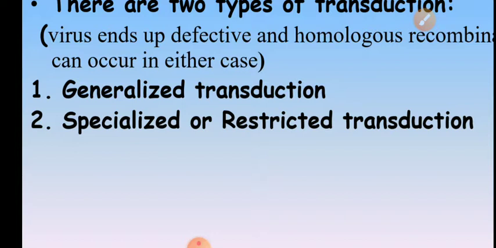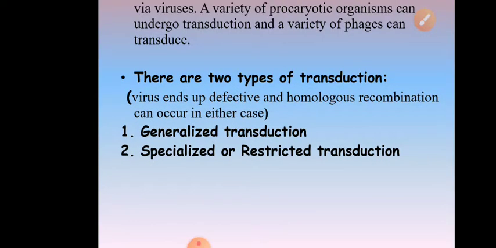But any part of the donor DNA, any gene of the donor DNA in general, is transferred from donor to recipient, so the name generalized transduction. It may be complete generalized transduction or abortive generalized transduction, that I told you in detail in the last class.